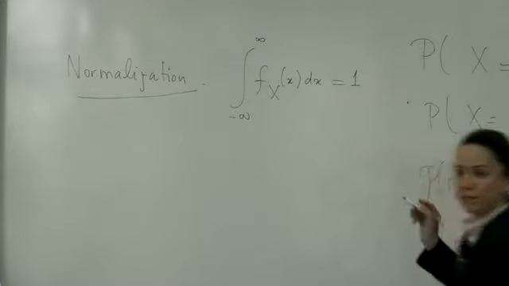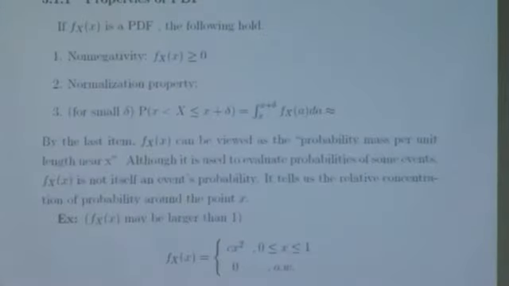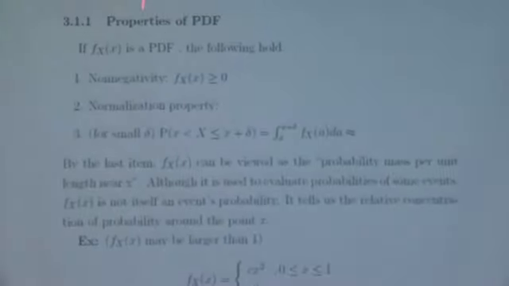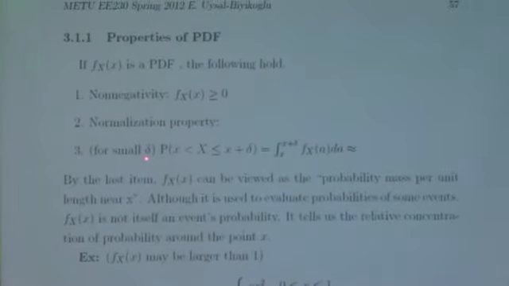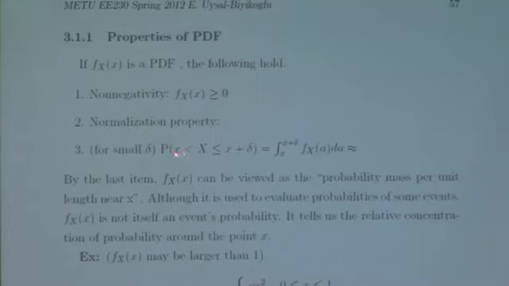And maybe the third one is more important because it's less obvious. Let's think of very small values of the real number delta. Think of the probability that x is between small x and small x plus delta.